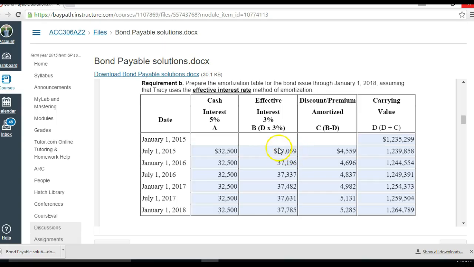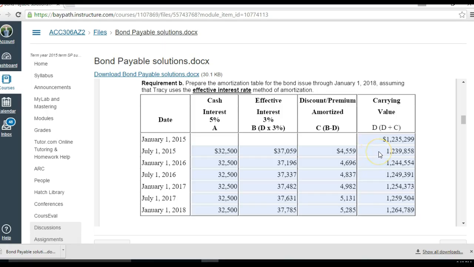The difference between B and A is going to be $4,559. That's going to be our discount. So we make this calculation on January 1st, 2016. We take the new carrying value, which is going to be the $1,235,000 plus the discount.